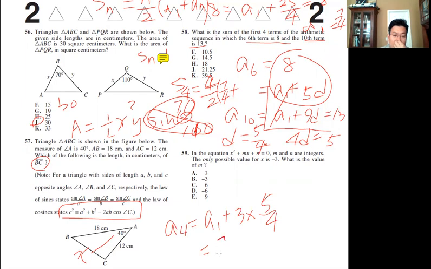So A1 is 7 over 4 plus 15 over 4, 22 over 4. I didn't simplify because it's easier to edit. So it becomes 29 over 4 times 2, 29 over 2. Okay.